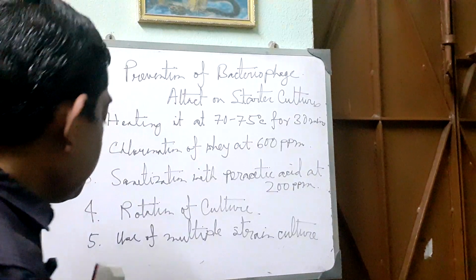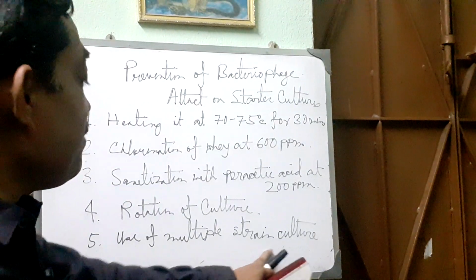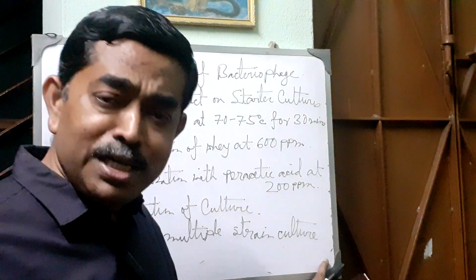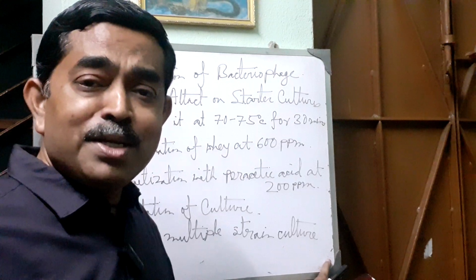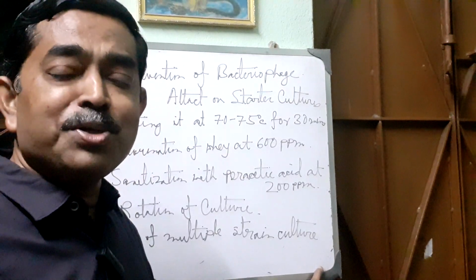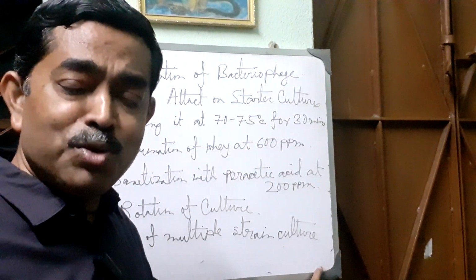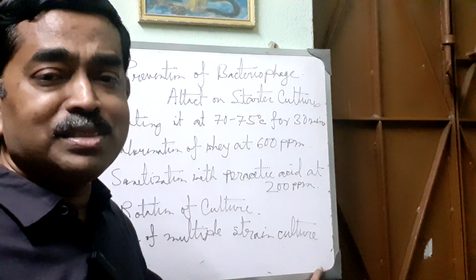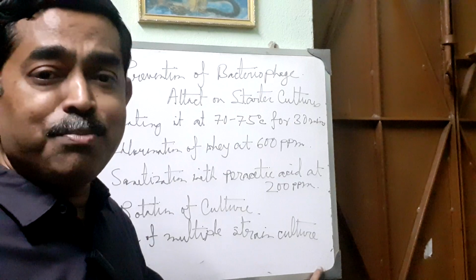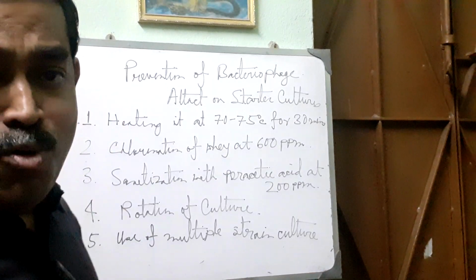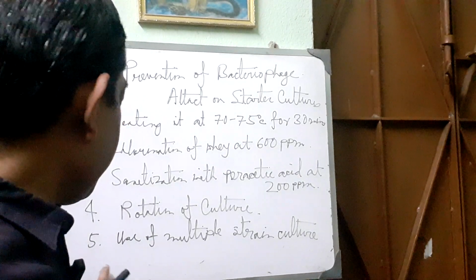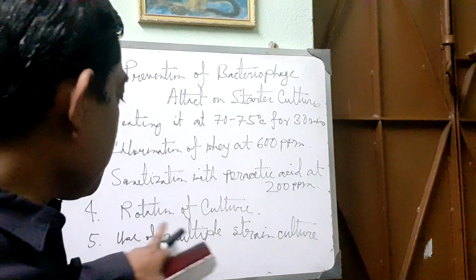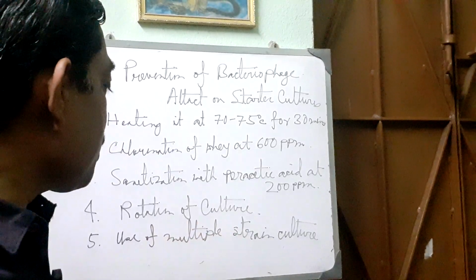The solution is multiple strain culture, but it is not a total solution of the problem. Also, time will be wasted, and the proper product will not be developed. We will not get the desired body and texture of the product by this process. So rotation of culture is one of the solutions.